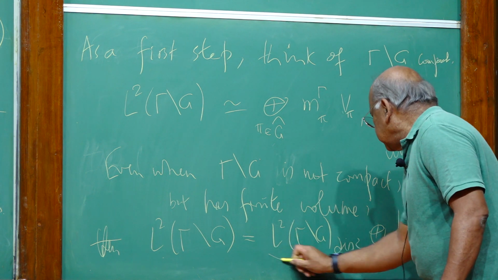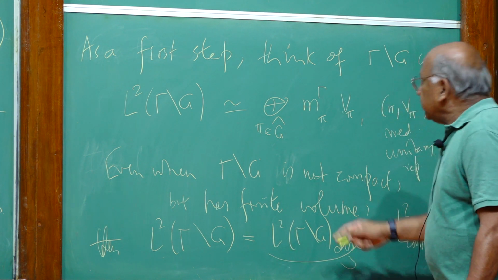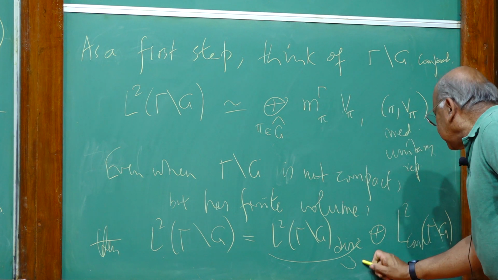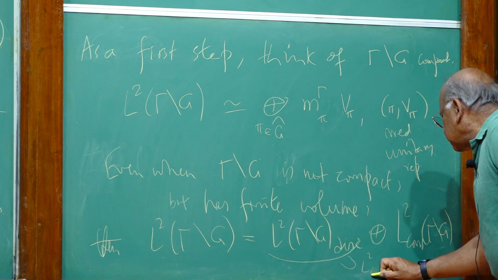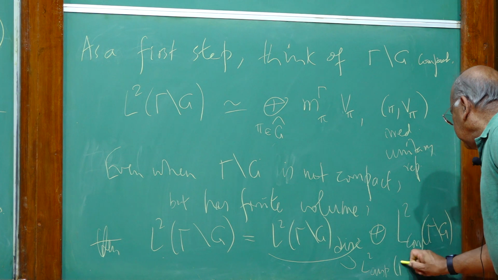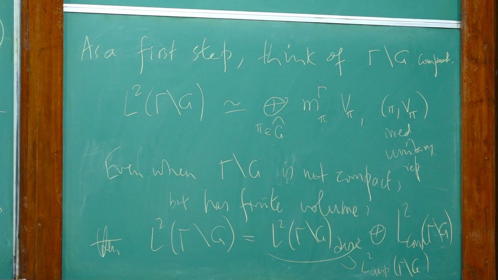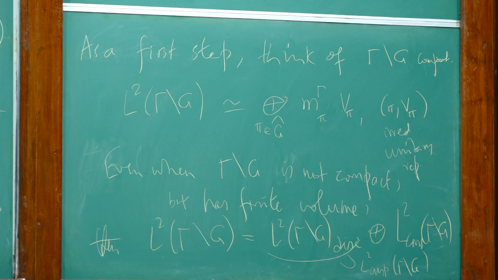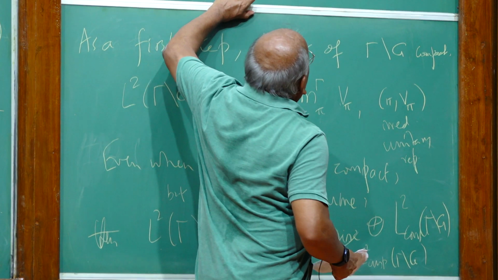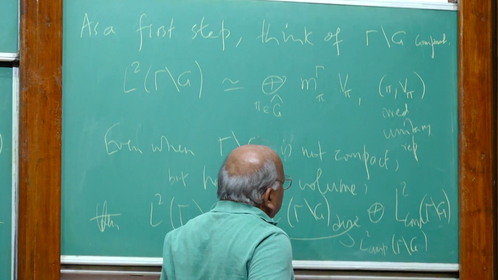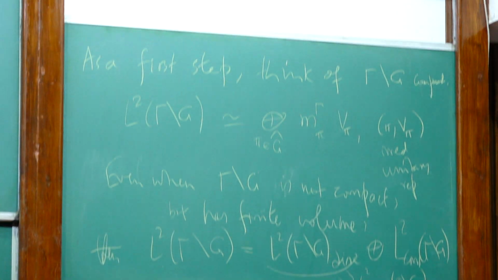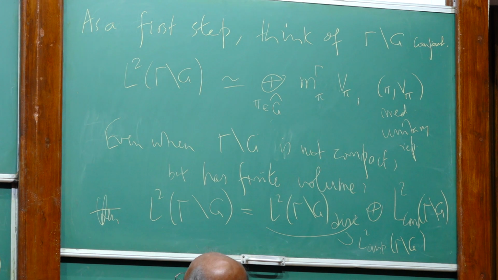The discrete part decomposes like this, and inside it is contained what is called the cuspidal part. If you don't know what it is, just imagine G mod gamma as compact. Okay, I can go further. Of course, I'm saying some things that are very basic.